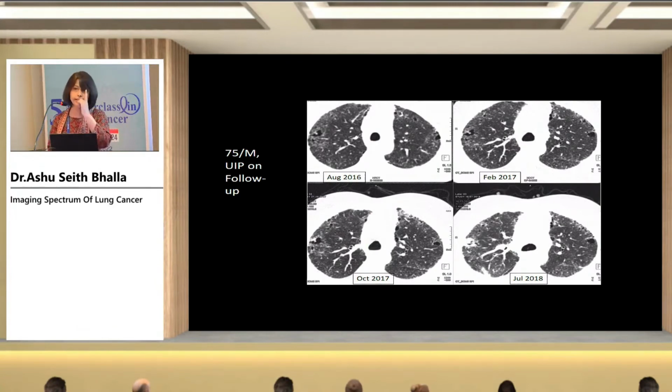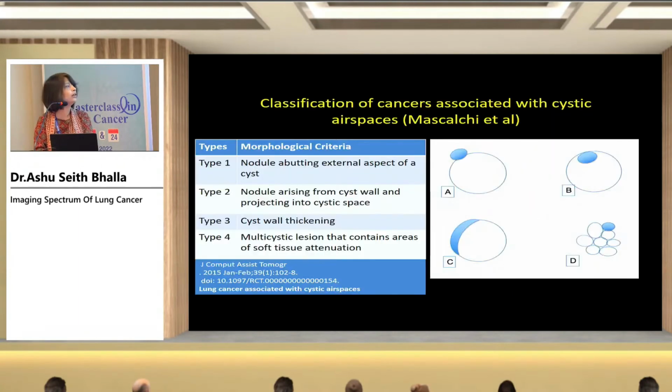Unfortunately, in the interim 1 year, not even 1 year, 10 months, it became an advanced lung carcinoma, because the patient had huge mediastinal nodes. And he was on antifibrotics.